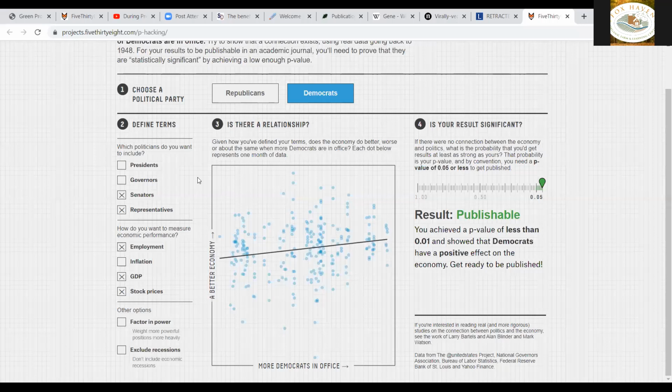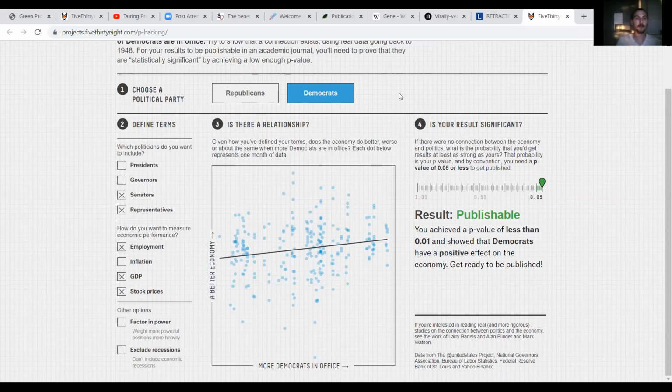There we go. Okay. Well, sorry, I was talking a lot of nonsense if you weren't looking at this. So again, this is a group that created this data set just to show us this potentially dangerous situation known as p-hacking, where we can take a data set and manipulate how we present it to come up with different results using the same information, the same data.